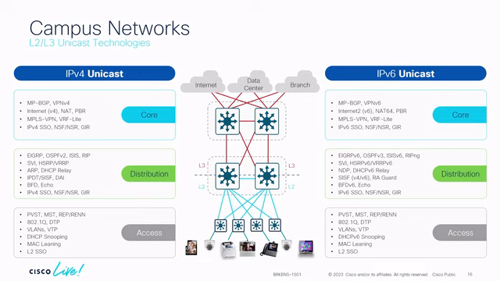I should also say there are exceptions to all of these rules, okay? You could do layer 2 all the way up. There's even an option to do layer 3 all the way down to the access layer, okay? But as long as you remember the basic rules, it all makes sense, right? So all the little words I didn't want to read off on the side, it just depends on which role, okay? And again, scale.